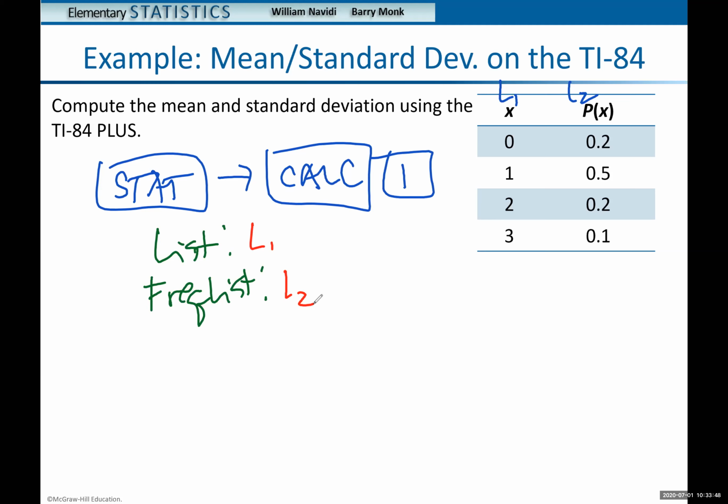To get L2, that is second 2. Then calculate, and you will see the answers.